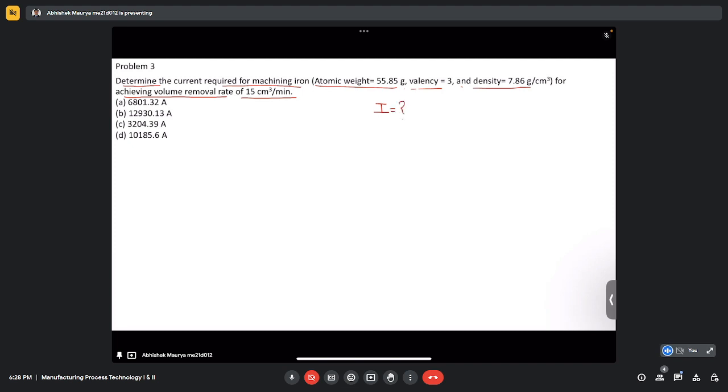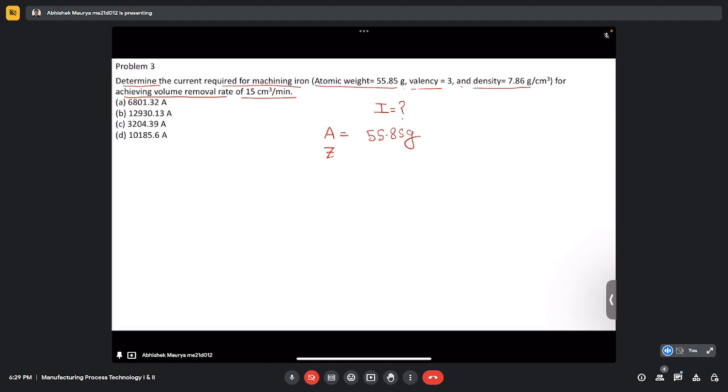And what we know: the material is iron and its atomic weight, which we will call A, is 55.85 gram, and its valency is 3.